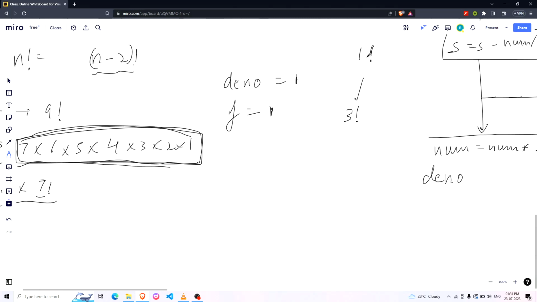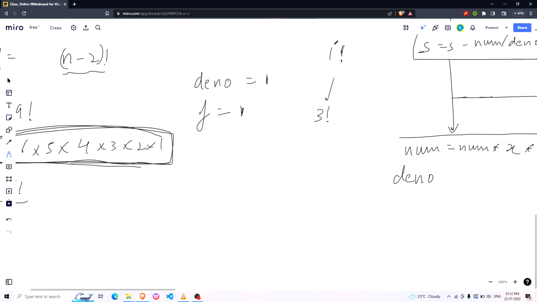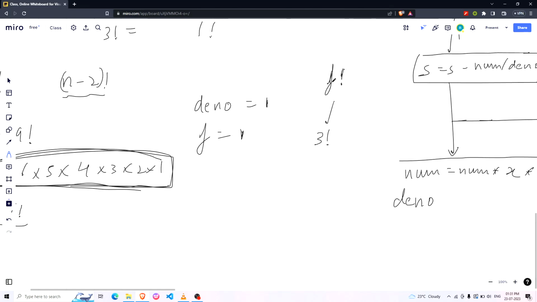So the same thing we'll do here also. We have 1 factorial, now we have to calculate 3 factorial. Or we can see that right now we have f factorial and we have to calculate f plus 2 factorial. So we just need to multiply it with f plus 1 and f plus 2, right?